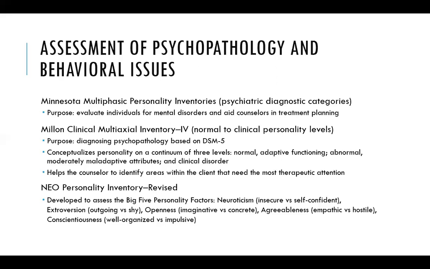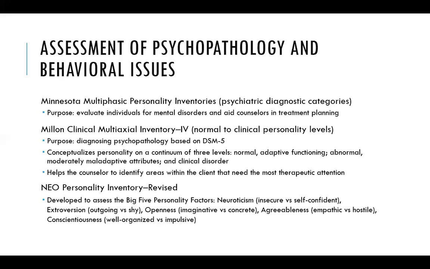Another popular assessment is the NEO Personality Inventory. This assessment was developed to assess the big 5 personality factors. You'll read in your textbook about a factor analytic method that really boiled down personality to these 5 personality factors.